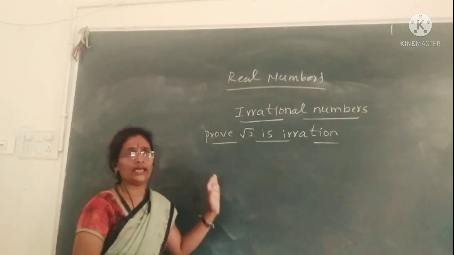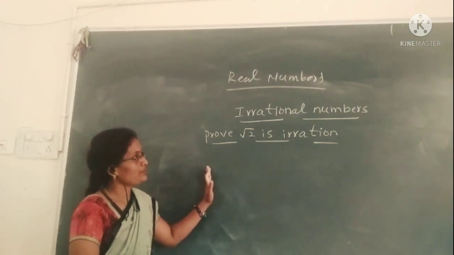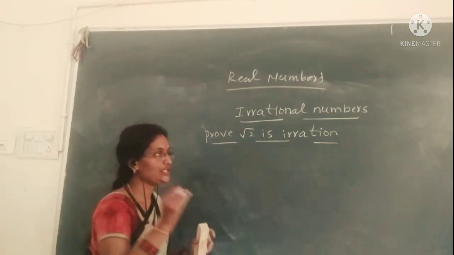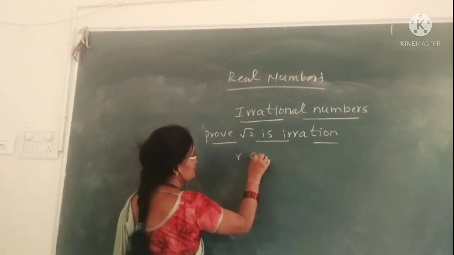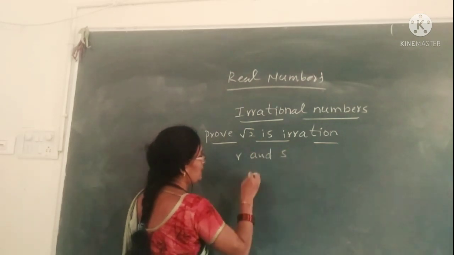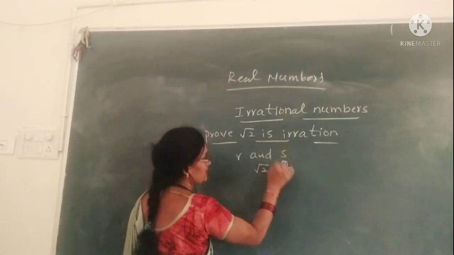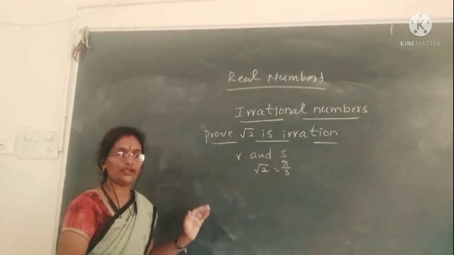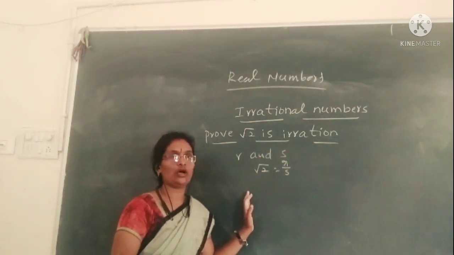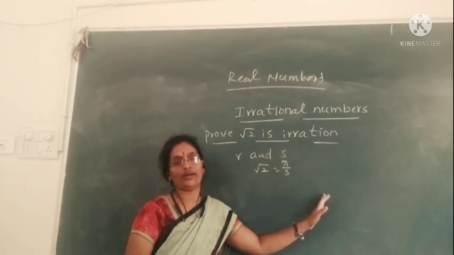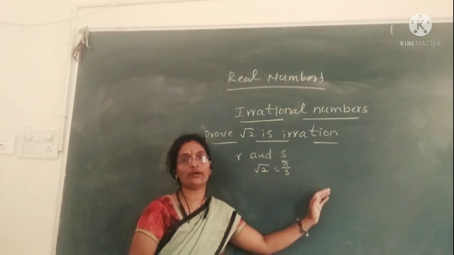Since it is rational, there must exist two integers R and S, so we can write root 2 is equal to R by S. If R and S have a common factor other than 1, we divide out the common factor.